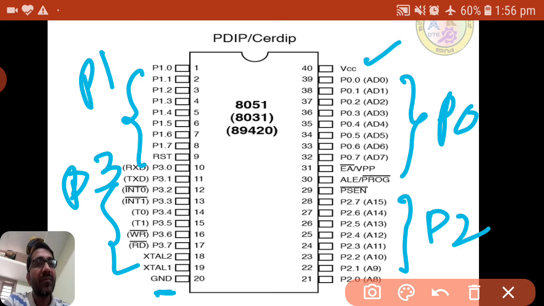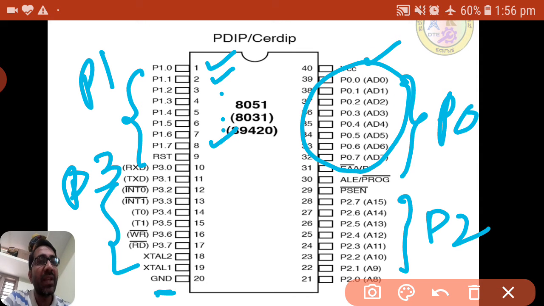Each one we can access with an individual pin, like port 1.0, 1.1, up to 1.7. Port 0 is multiplexed, which means port 0 will act as either address bus or data bus, based on the control signal, which you will see later.